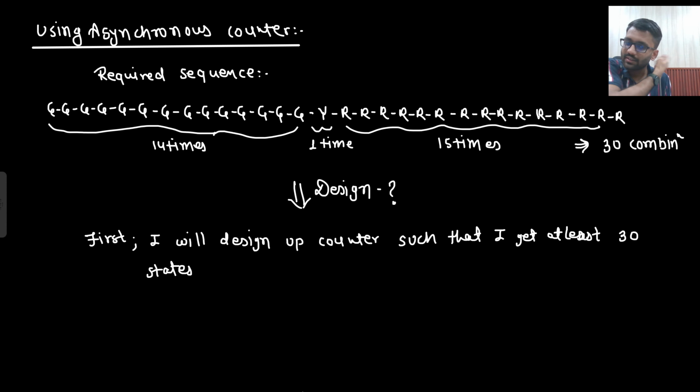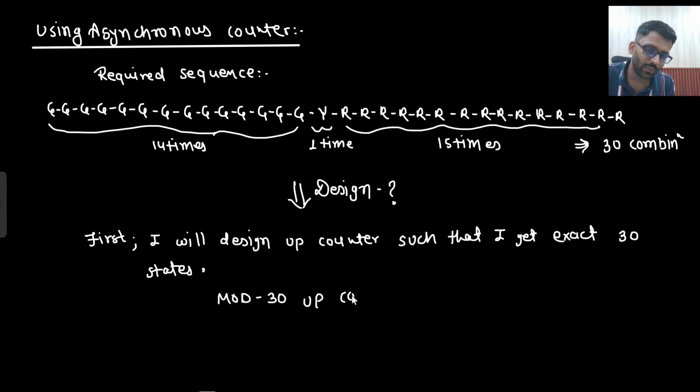Not at least, such that I get exactly 30 states. So my target is to design a mod 30 up counter. How many flops are required? 5 flip-flops are required.